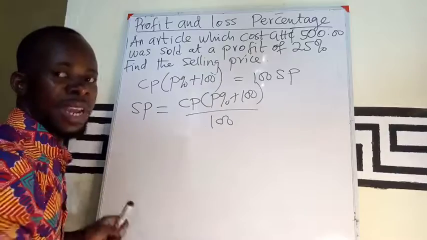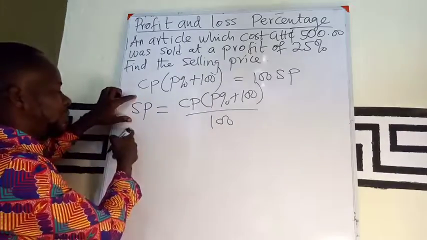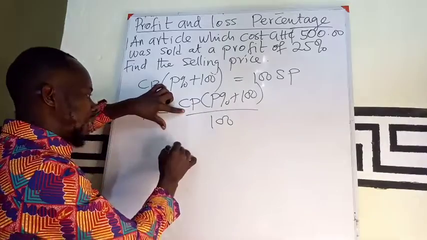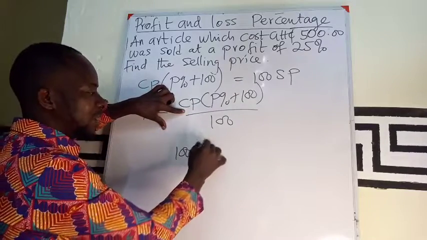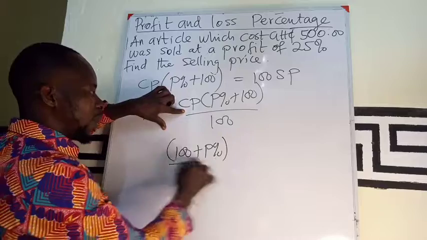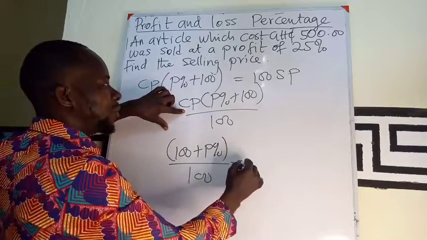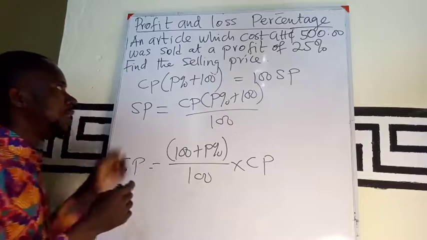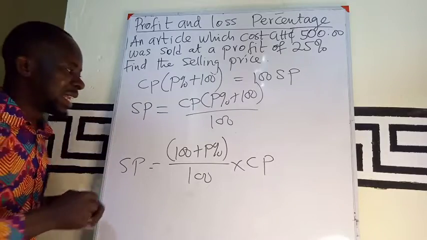You can see that we find a formula that says SP equals 100 plus the profit percent, over 100, times cost price.